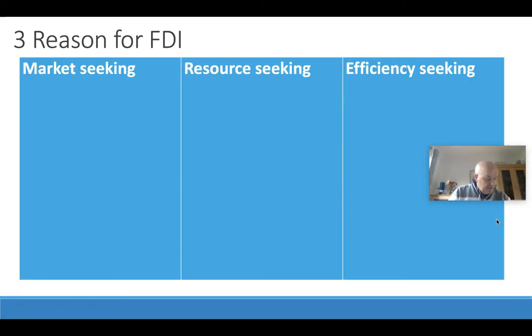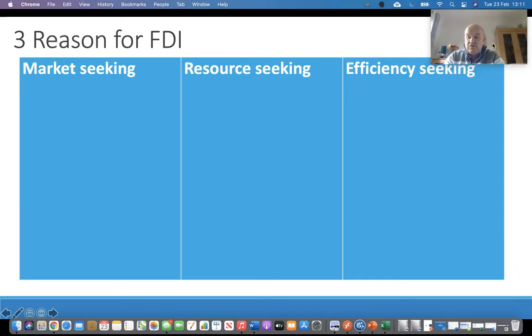If we talk about the reasons for FDI, then there are 3 reasons. I want you to have a think about what these reasons are. I've listed them, but I want you also to try and fill in this table on page 17. So the 3 reasons for FDI: market seeking, resource seeking, or efficiency seeking. See if you can come up with some reasons why FDI may be a good thing, and then we can take a look at that together.